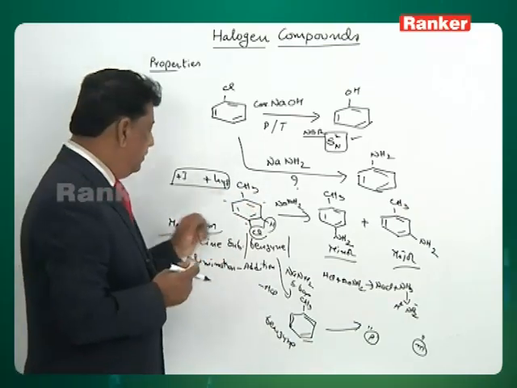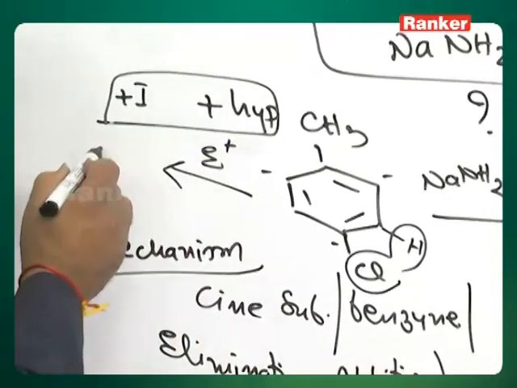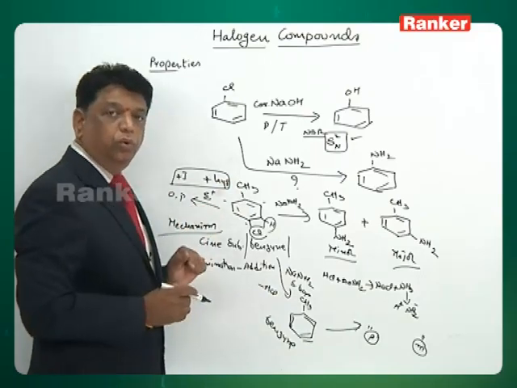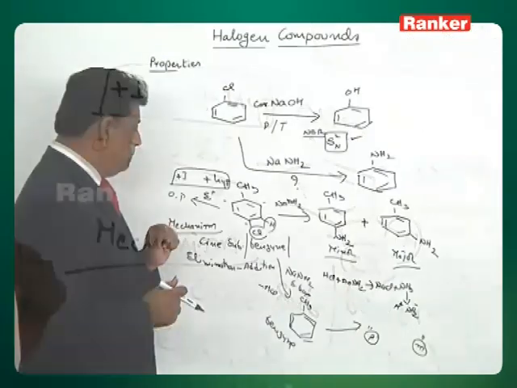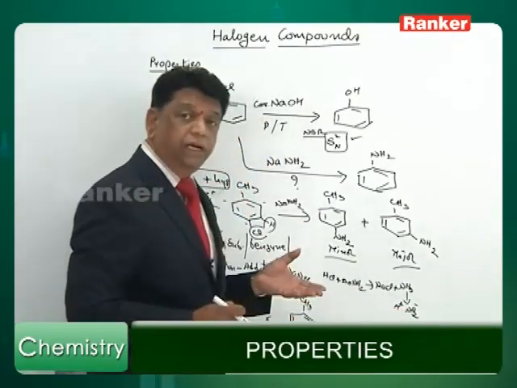That's why whenever you do electrophilic substitution, it goes to the ortho and the para. So the methyl group is known to direct the incoming electrophile to the ortho and para. Are you now getting an electrophile here? No, it is a minus group coming.